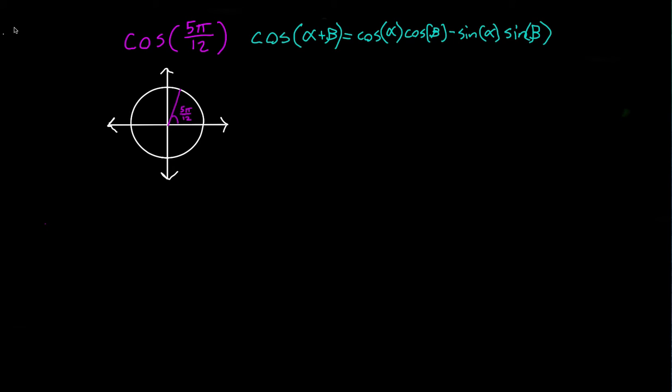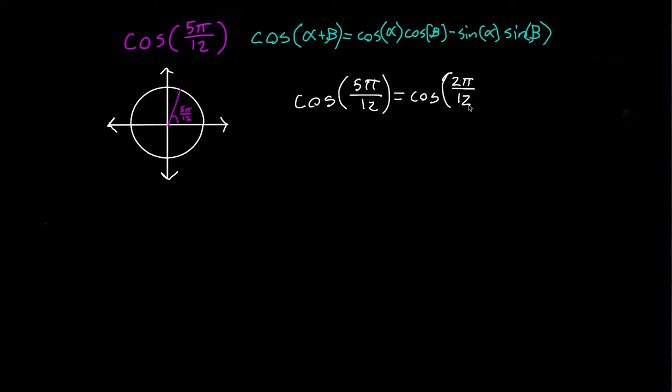So we have cosine of 5 pi over 12, right? Well, we can separate this a little bit. Let's try to find things that we recognize. What if we took out something familiar like 2 pi over 12, which is pi over 6, 30 degrees?